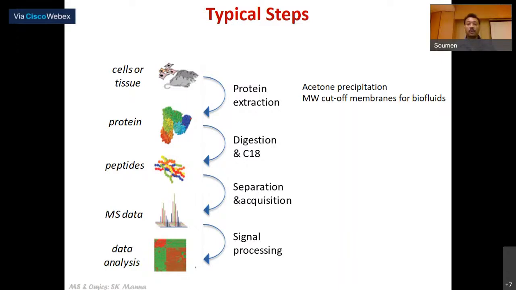oftentimes we will end up with peptides which originate from, and a mass spec signature which originates from, the highly abundant proteins.